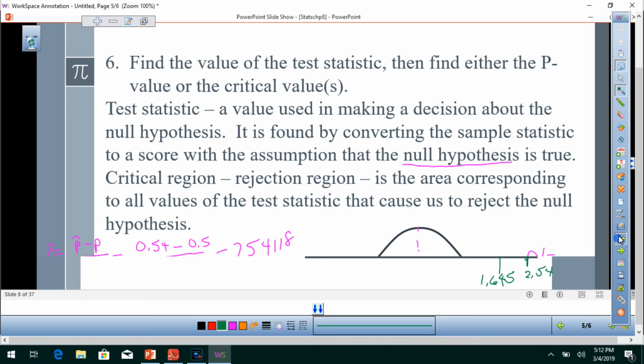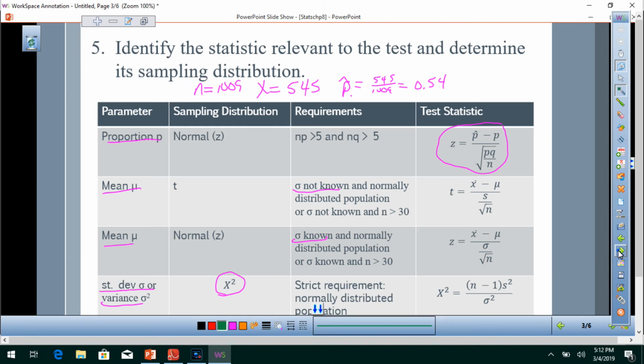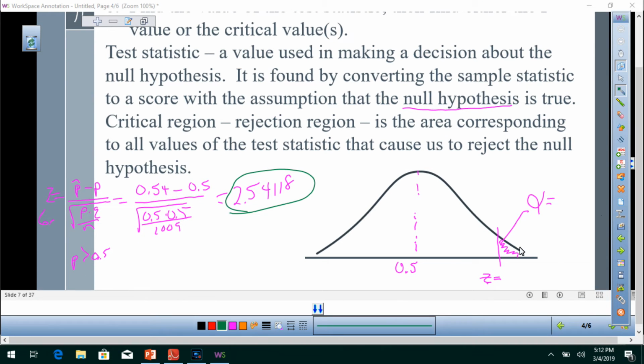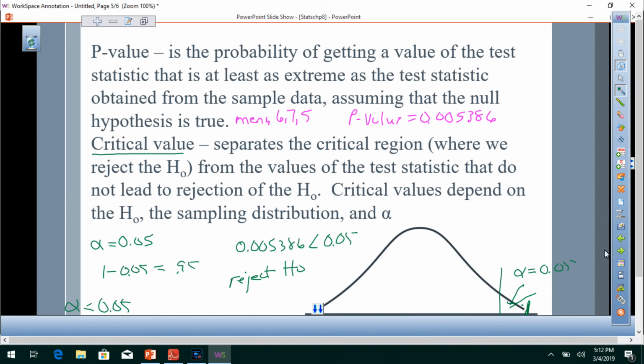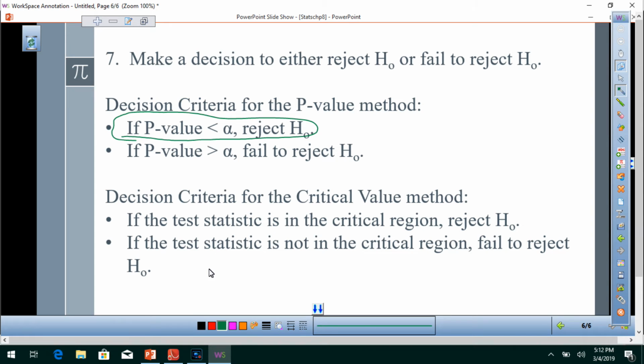Well, 2.54 is inside the critical region. So again, we will reject the null hypothesis.